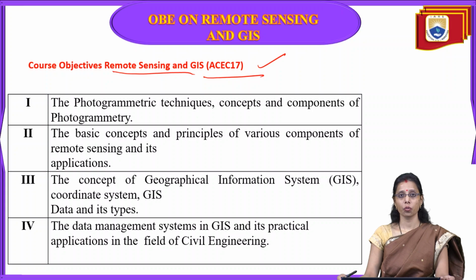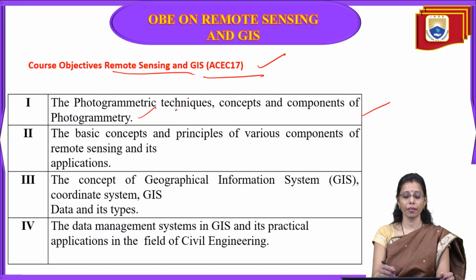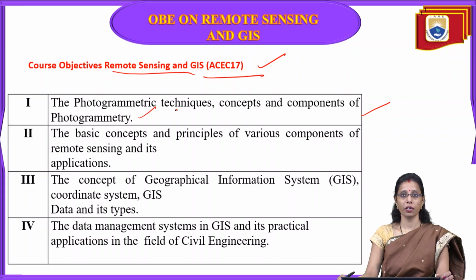As we have studied in the previous lectures, the first objective is based on the first module, the photogrammetric techniques: what different techniques, components and concepts we are going to use in photogrammetry.